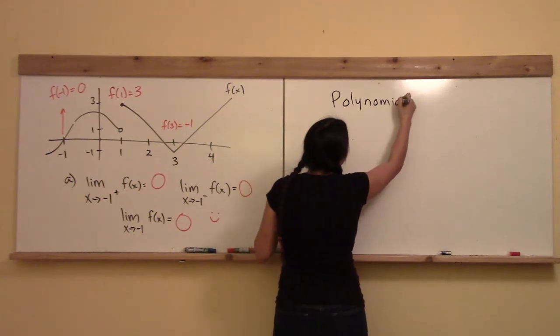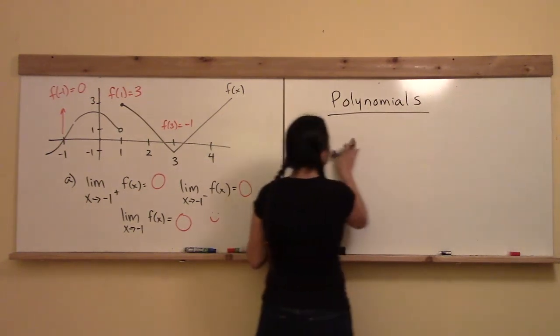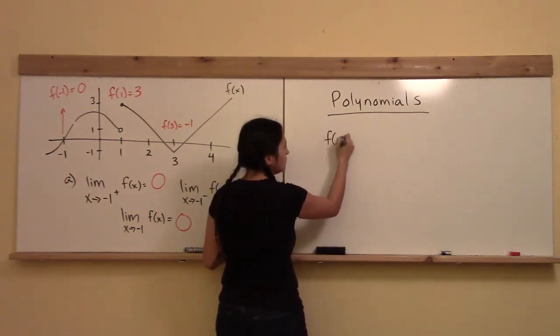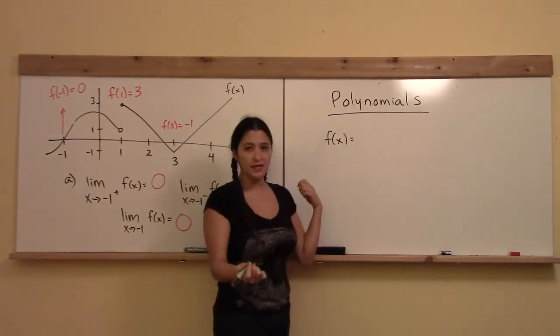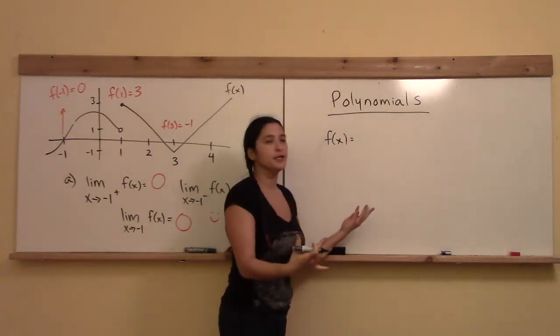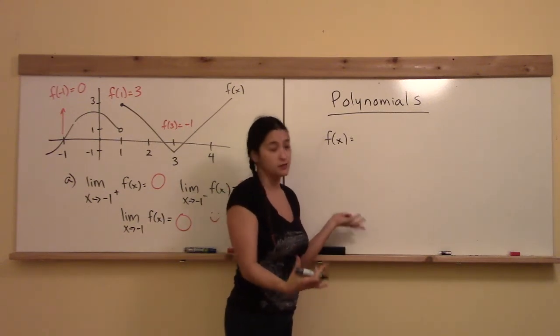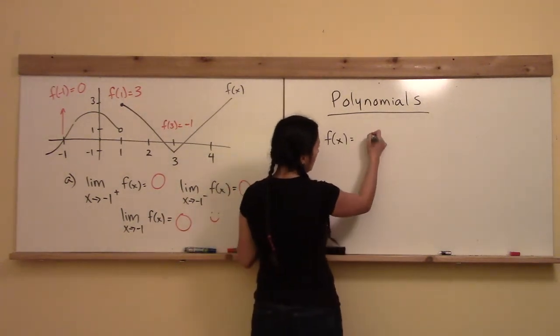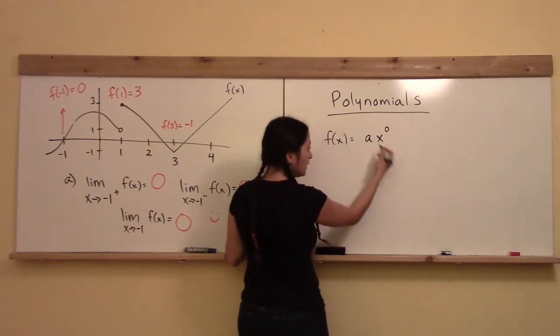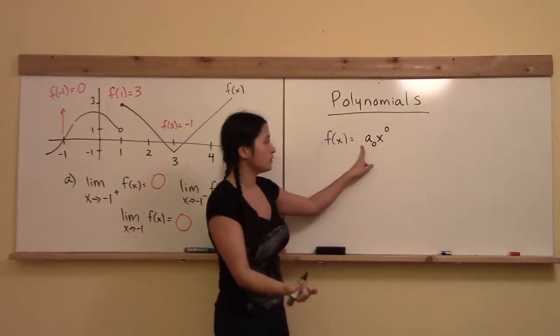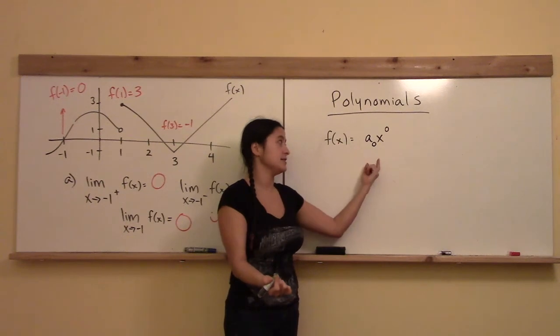Polynomial. That was a function that we defined, f of x, let's say. And what it is, it's a combination of a bunch of positive whole number powers of x, okay? So, for example, I could use x to the 0, and I could call the multiplicative number in front of it a0.